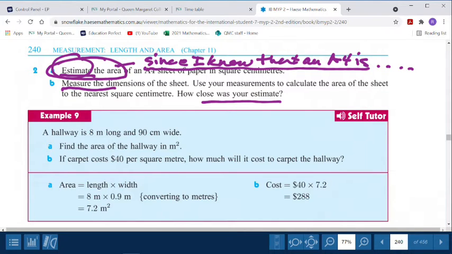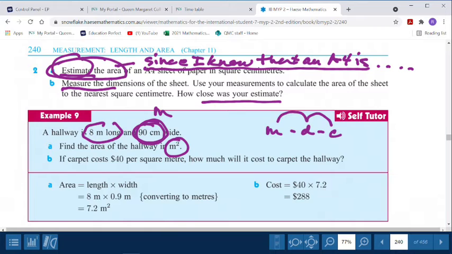Okay. Look at example 9 here. A hallway is 8 meters long and 90 centimeters wide. Find the area of the hallway in meters squared. So, first of all, what right off the bat is wrong with this? They're different units, and we want them in meters squared. So what we want to do is turn our centimeters into meters, right? So meters, decimeters, centimeters.